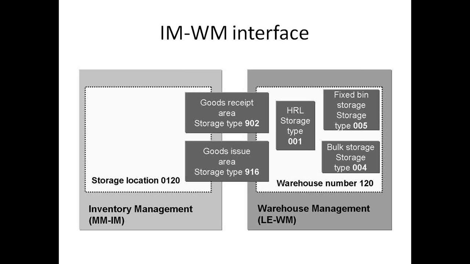So for movement type 101, or whatever the movement type is, we configure that particular movement type. Movement type 101 means goods receipt in inventory management.